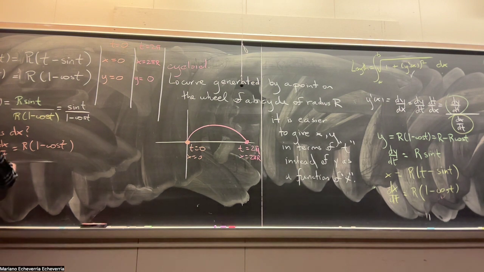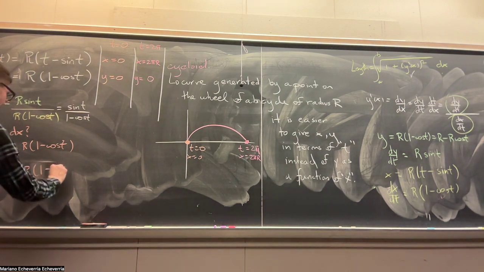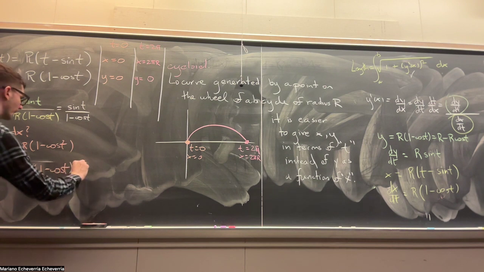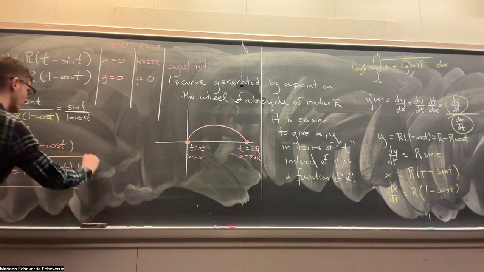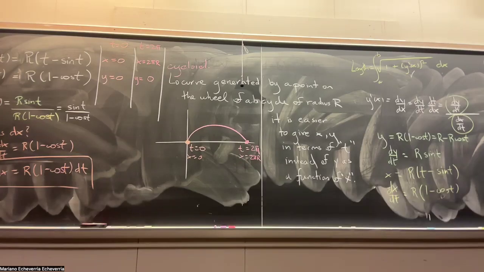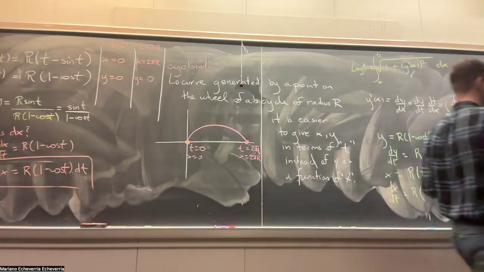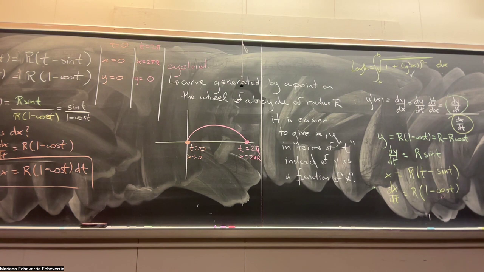Dx is just r times 1 minus cosine of t dt. Okay, and that allows you basically to rewrite the entire integral in terms of t. And the idea is that doing the integral in terms of t is a lot easier than in terms of x. So you have to play with the chain rule and all this stuff to kind of come out nicely.